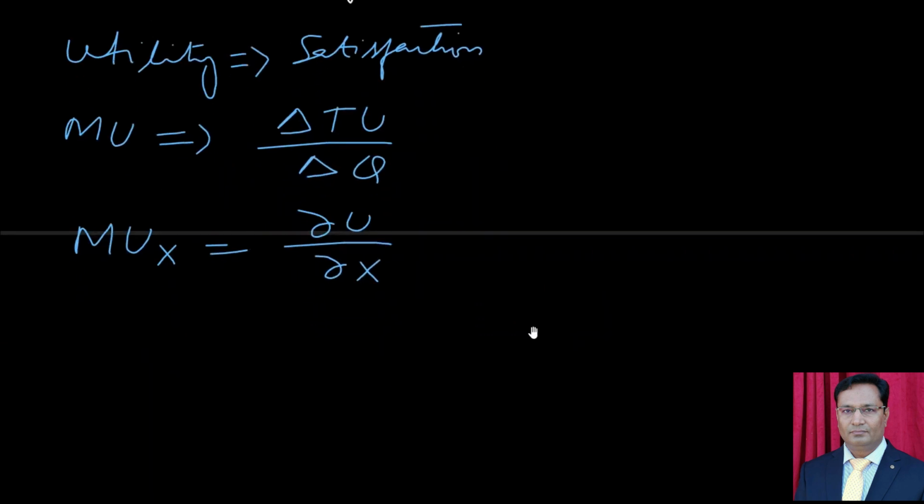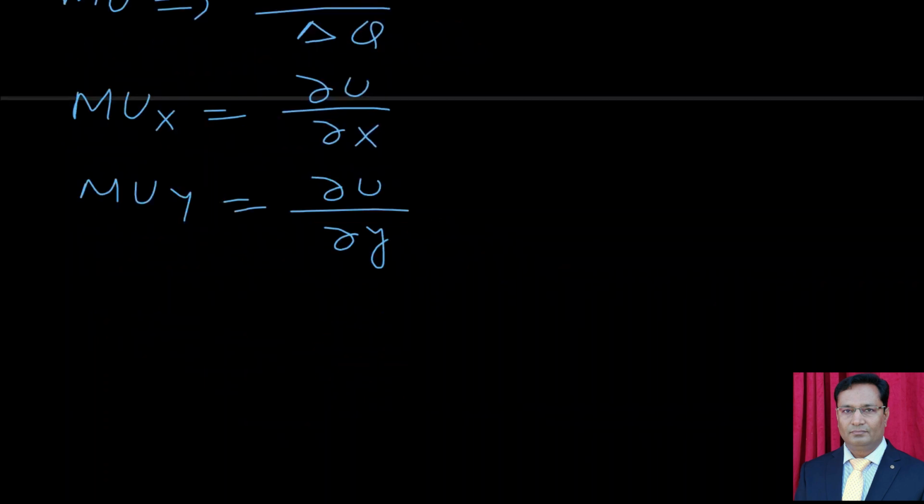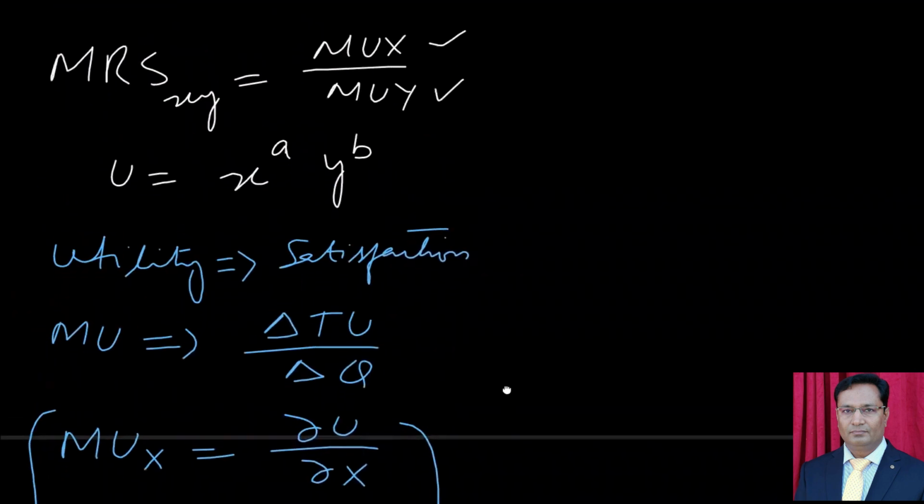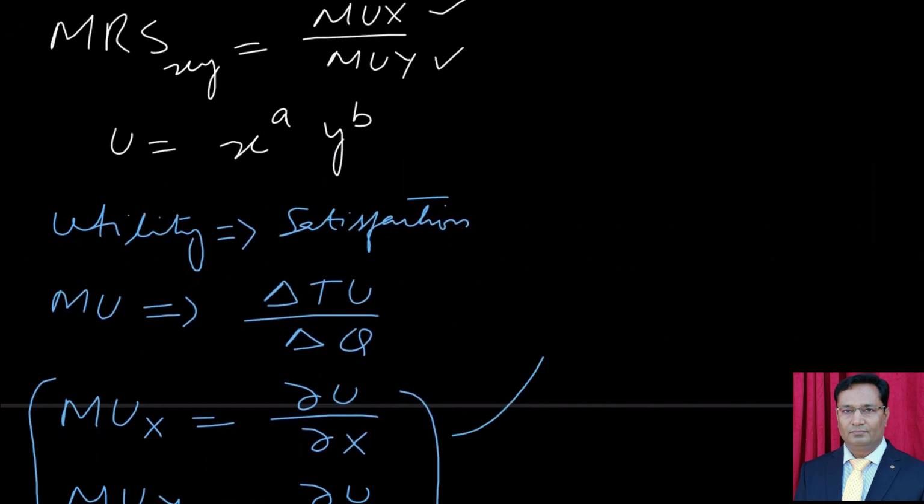And on the other hand, to find marginal utility of y, we have to find the partial derivative of utility with respect to product y. Now just find these values and then put them into the formula above. And the formula of marginal rate of substitution is already given here.